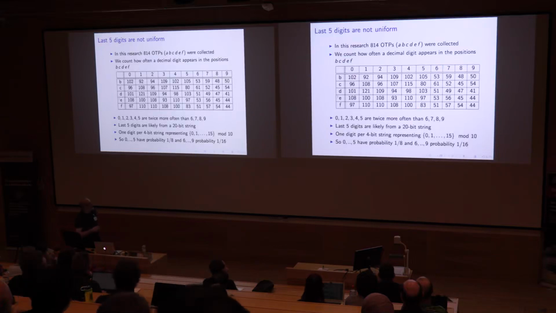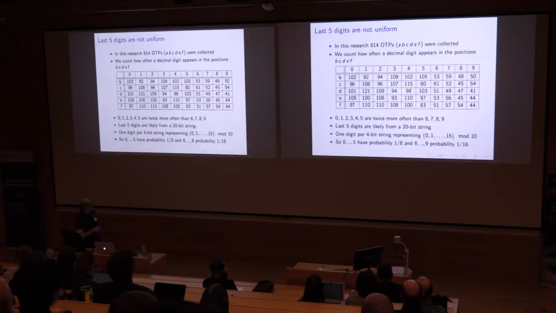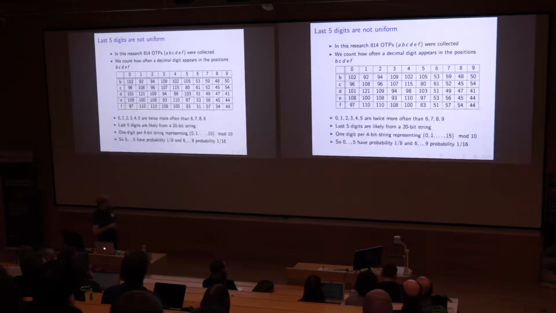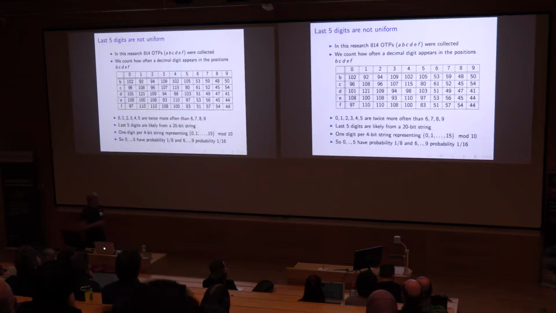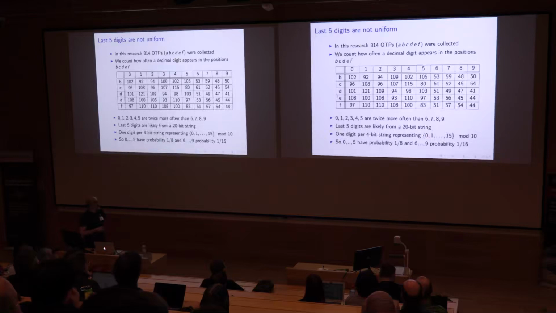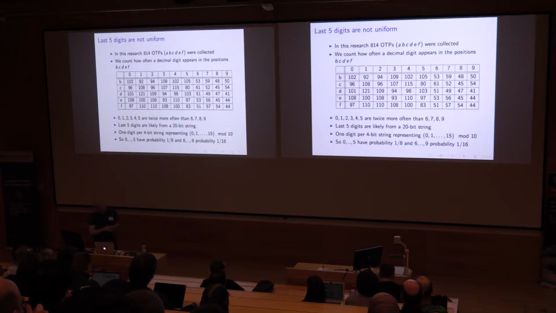And this is the same for all other positions B, C, D, E, F. That has a quite simple explanation. Likely, the last 5 digits come from a 20-bit string, with 1 digit per 4-bit string, which represents numbers 0 to 15. After reduction modulo 10, the numbers 0 through 5 appear with probability 1 over 8, while numbers from 6 through 9 appear with probability 1 over 16. Okay.